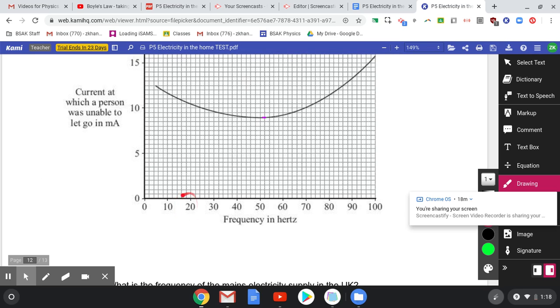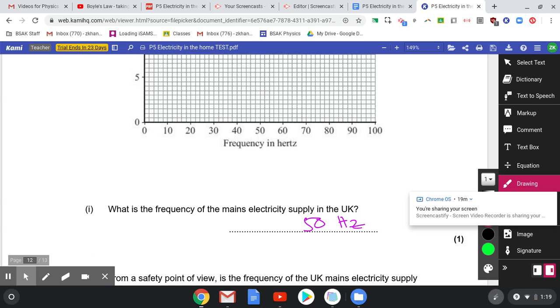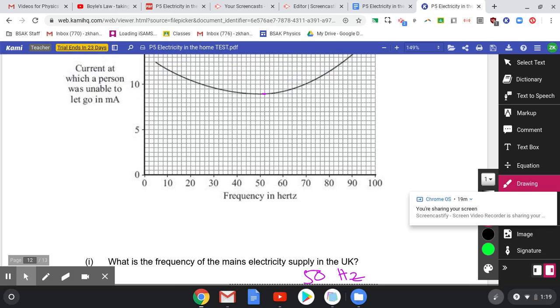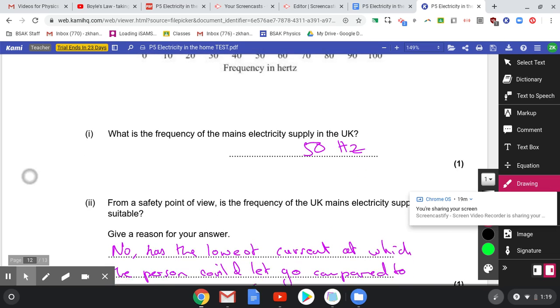Now, if the mains electricity supply was 20 hertz or 90 hertz, that means that we can let go at higher currents. However, at 50 hertz, that's the least current compared to all the others where we can let go. So that's actually more dangerous.